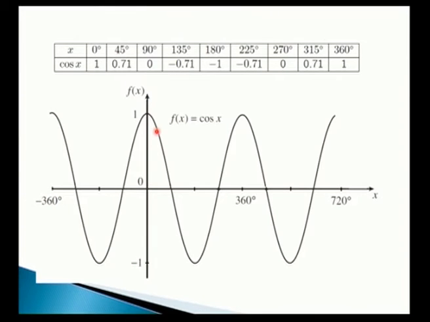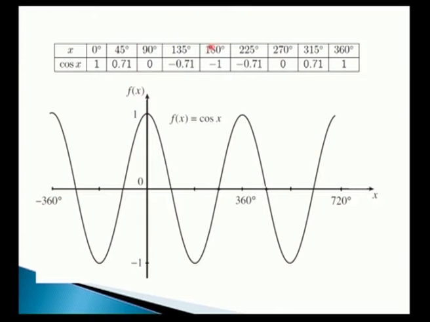Then this cos function repeats its pattern after every 360 degree. So, that cos function is also a periodic function with periodicity 2 pi. Then we can see the same pattern in the negative part of the x axis also.